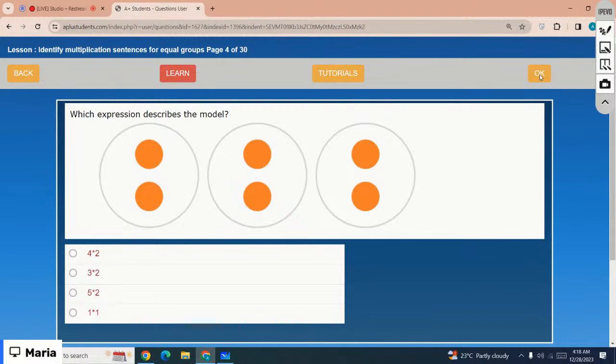Which expression describes the model? Which is the correct option? How many groups do you have?